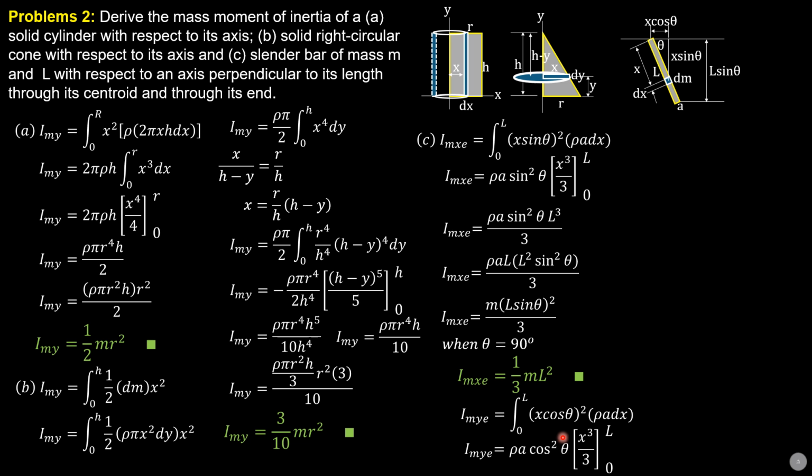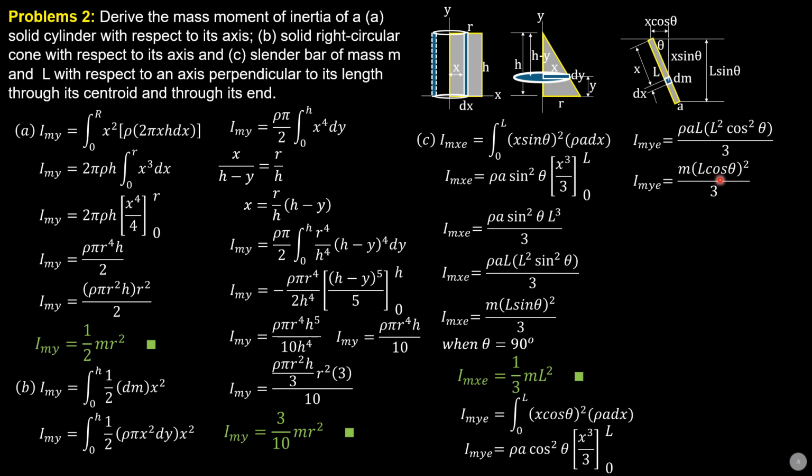Therefore, the formula would be rho A L times quantity L squared cosine squared theta over 3, and it is 1/3 of mass times (L cosine theta) squared. This is the general formula if the bar makes an angle of theta with respect to the horizontal.